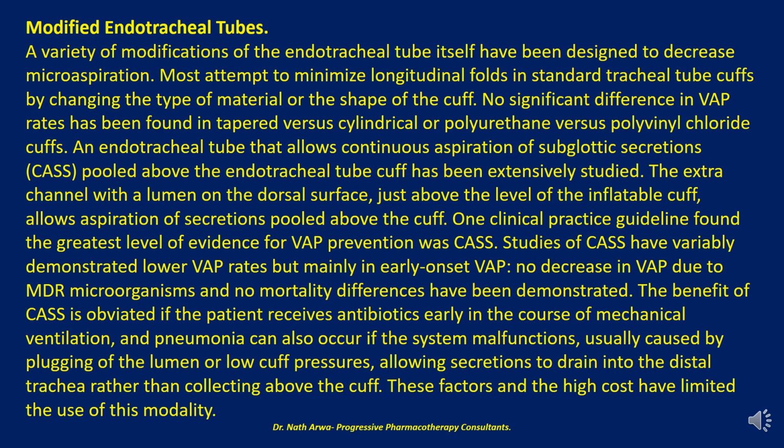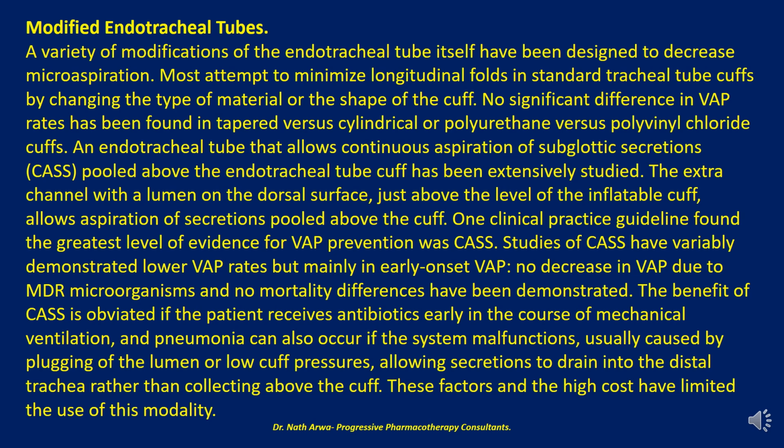tube cuff has been extensively studied. The extra channel with a lumen on the dorsal surface, just above the level of the inflatable cuff, allows aspiration of secretions pulled above the cuff. One clinical practice guideline found the greatest level of evidence for ventilator-associated pneumonia prevention was continuous aspiration of subglottic secretions.